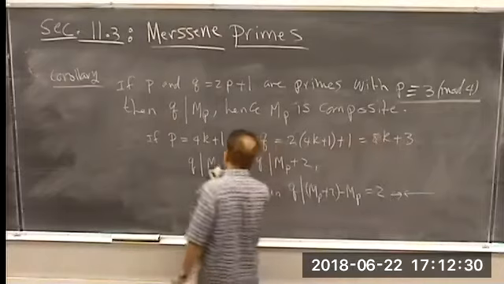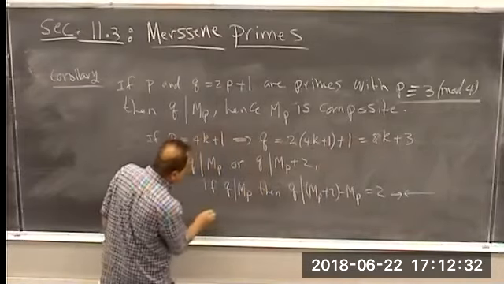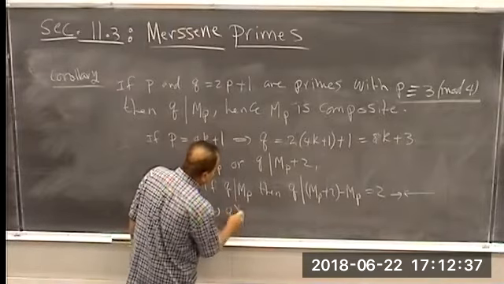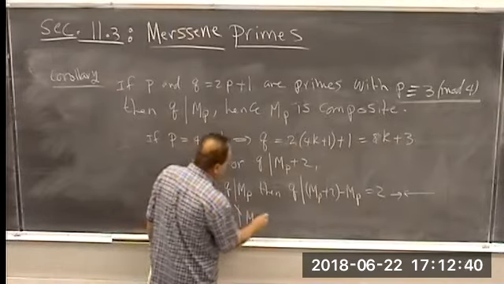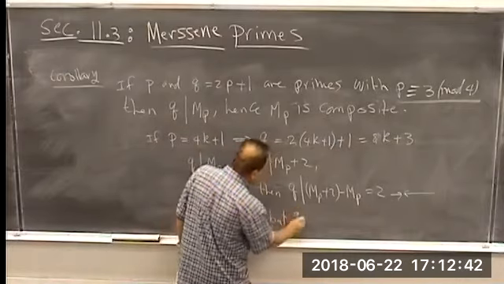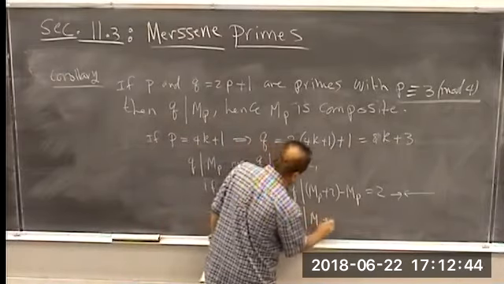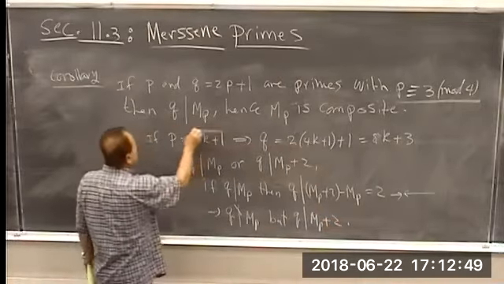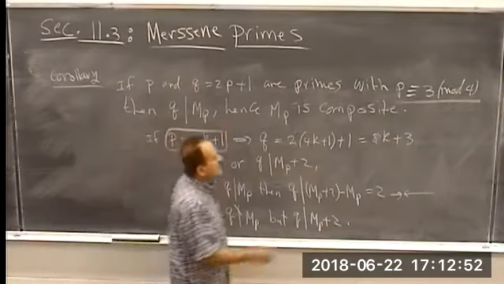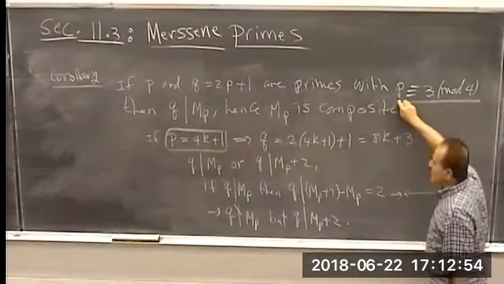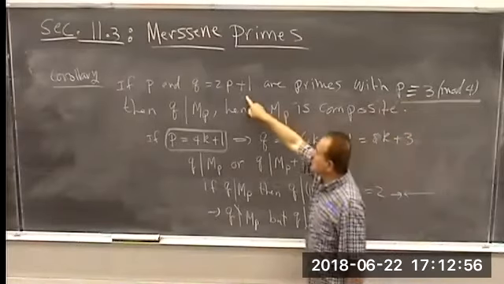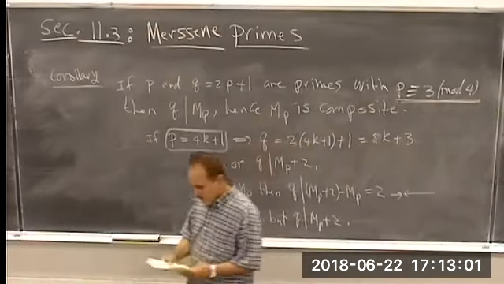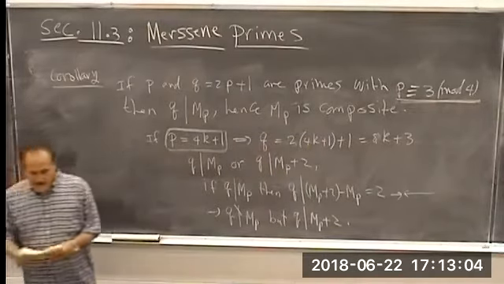So in other words, from these two choices, this implies that Q does not divide MP, but Q divides MP plus something. All right? So for this reason, the only case where we have a prime factor, which is Q, is when P satisfies this condition. All right.